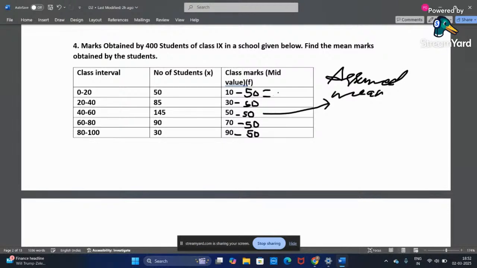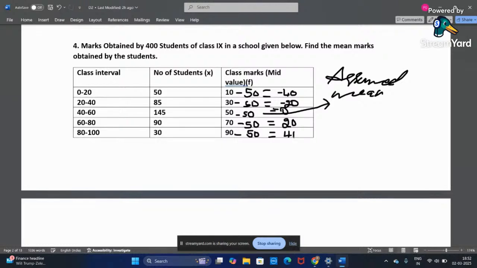10 minus 50, we are getting minus 40. Here, we are getting minus 20. Same way, here we are getting 0. 50 minus 50 is 0. Then here we are getting 20. Here it is 40.